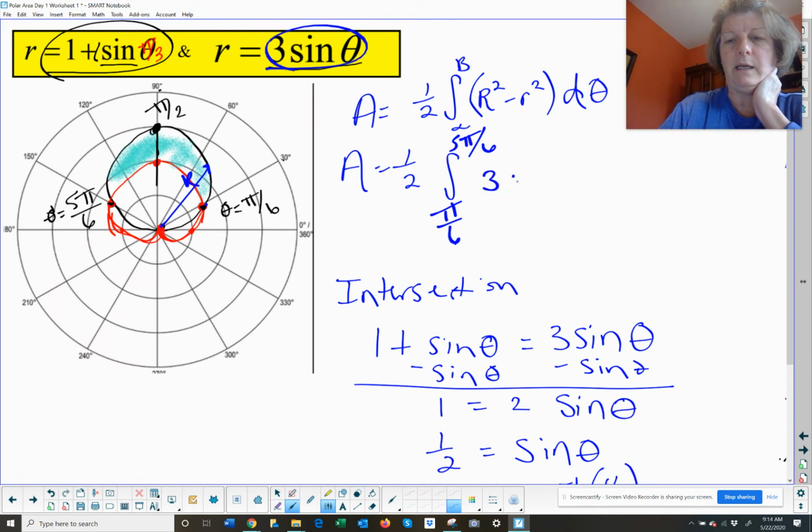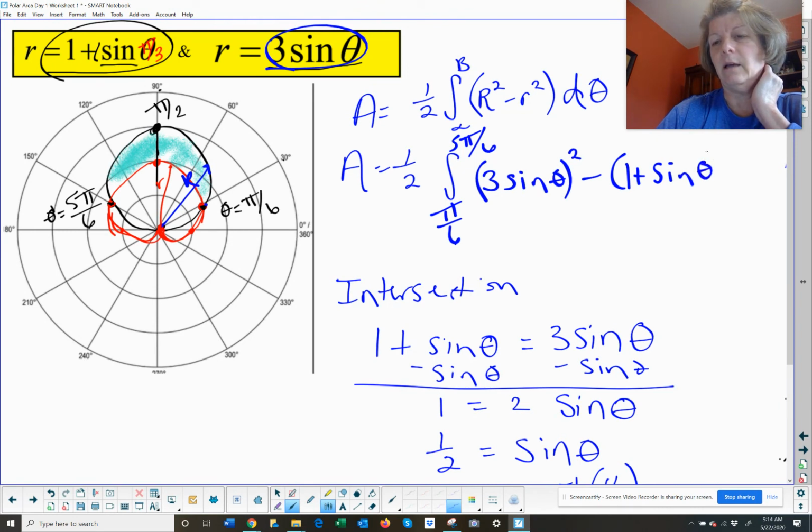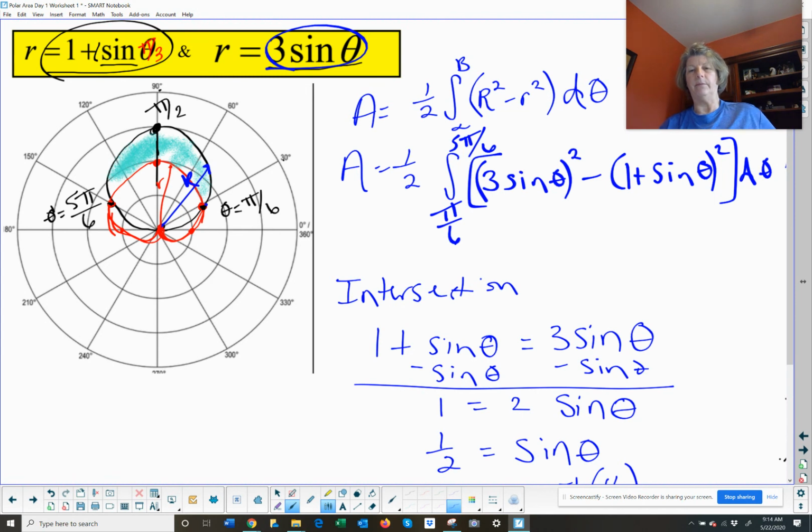So 3 sine theta squared minus the little r being just to that point, and that formula was the cardioid. 1 plus sine theta quantity squared, and then we want to multiply that segment by d theta.